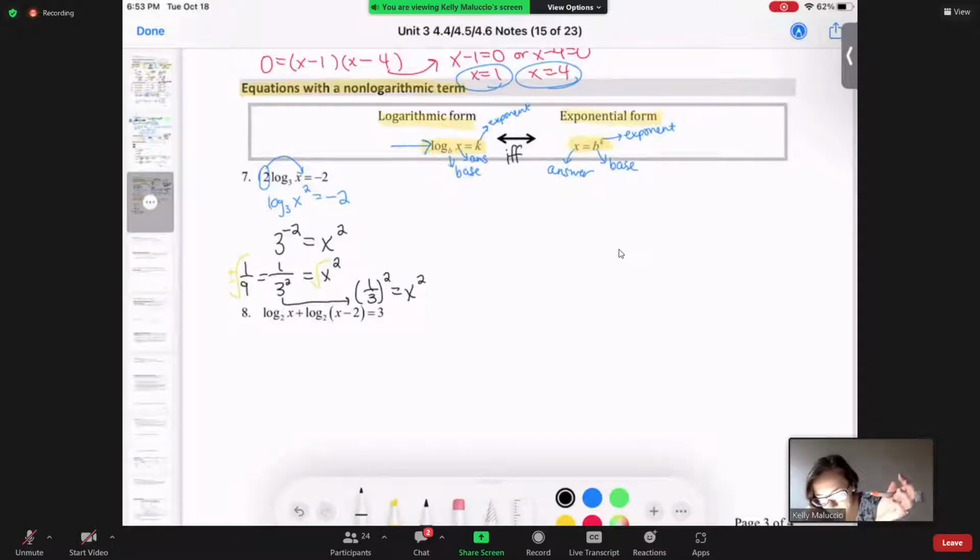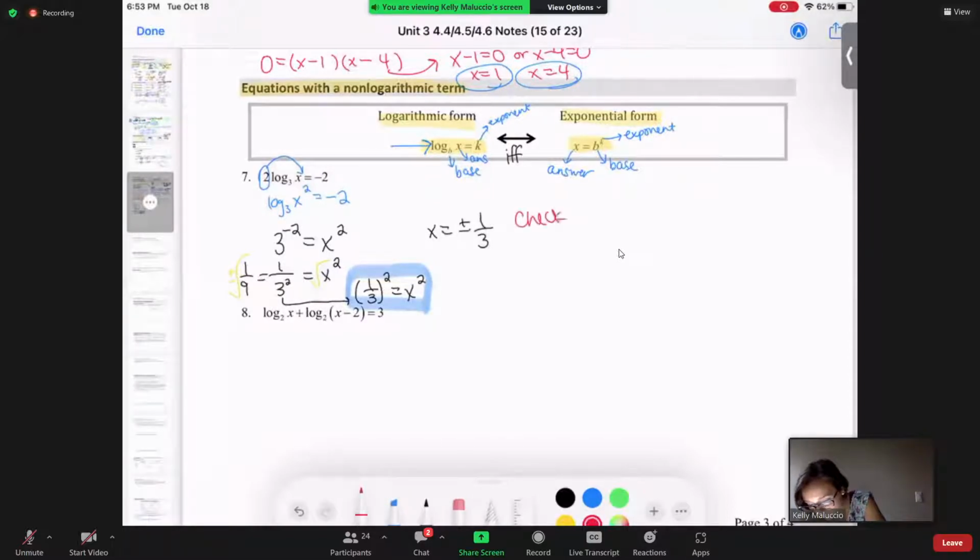Granted, I don't get my plus and minus here, so maybe you do want to take the square root of both sides, but I would get that x is going to be plus or minus 1/3. But don't forget, it might be better to do it this second way, because you have to check for extraneous solutions again.